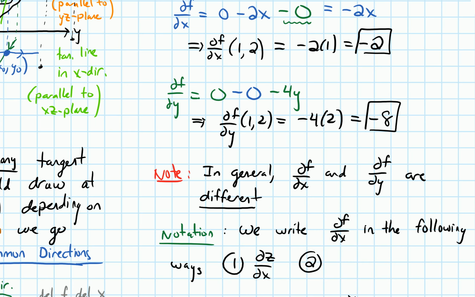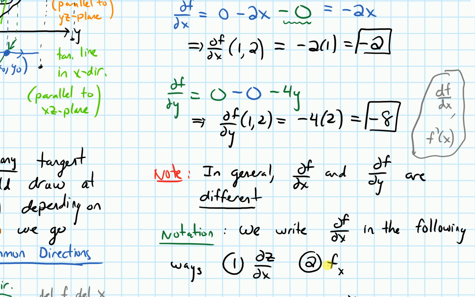I could also write a version of the prime notation, if you remember from calculus. There's a df dx notation, and there's also a prime notation. So the version of prime notation for partial derivatives is we write f, and then we write the variable that we're taking the derivative with respect to as a subscript.